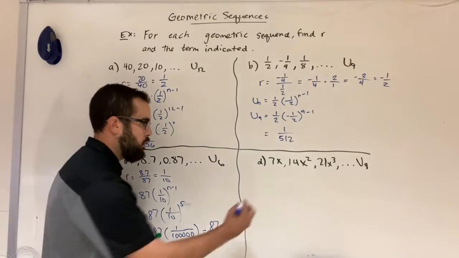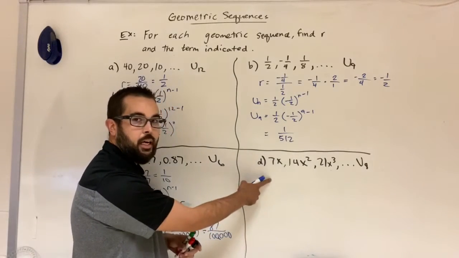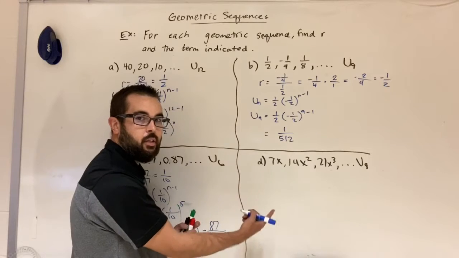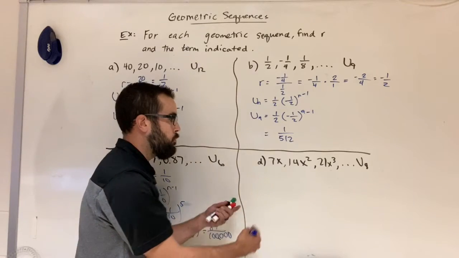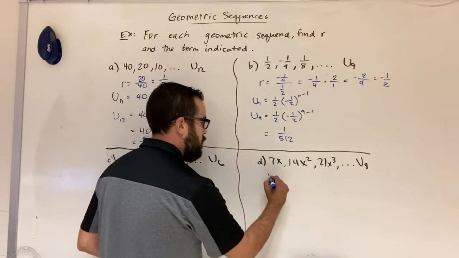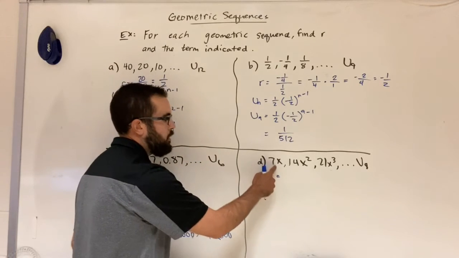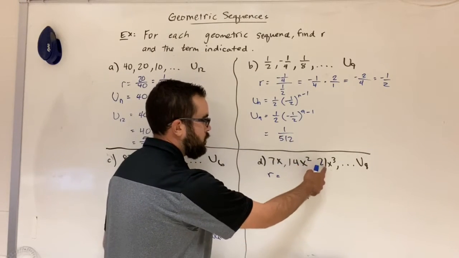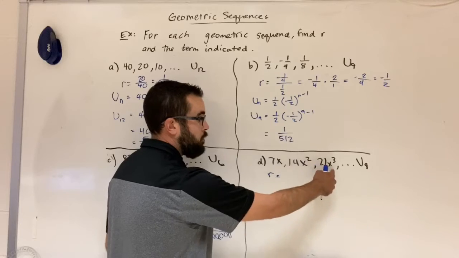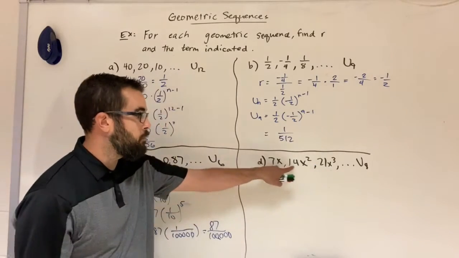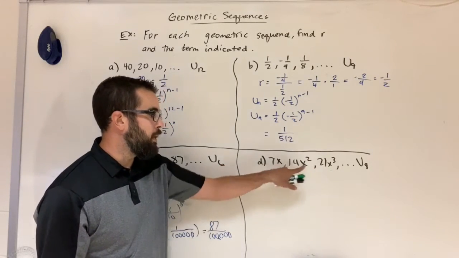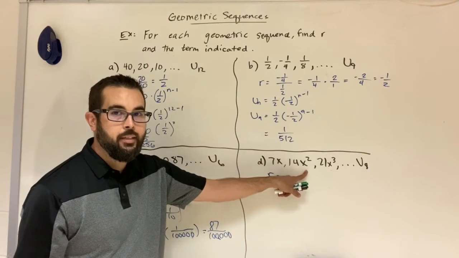Moving on. This last one is definitely a non-calculator problem. You have variables involved. You can't use a calculator to help you deal with variables. So, what's the common ratio? We go 7x, 14x squared, 21x cubed. It looks like we're multiplying by 2 for sure. To go from x to x squared, you multiply by x.